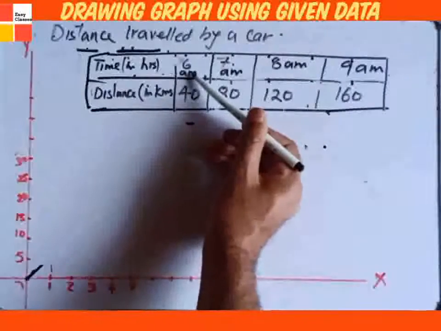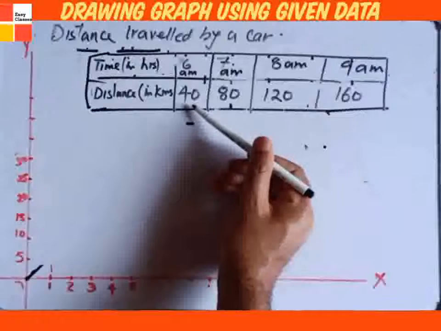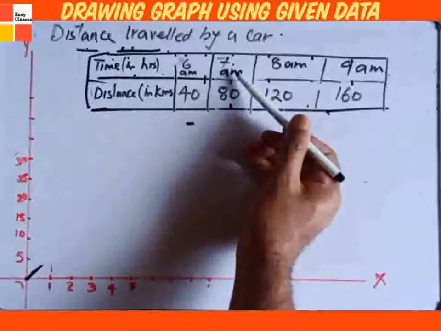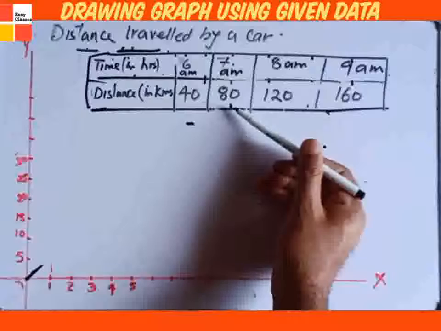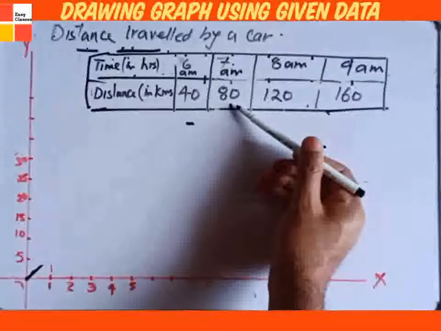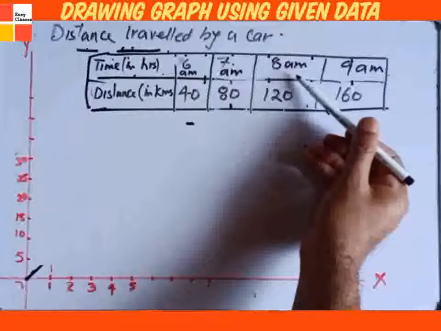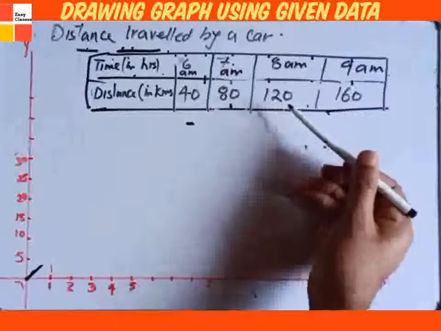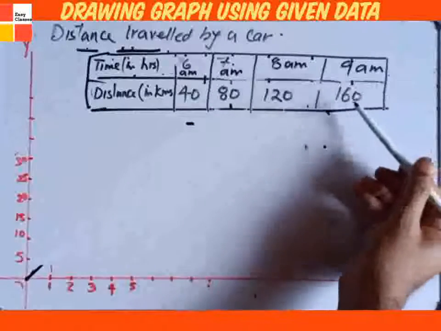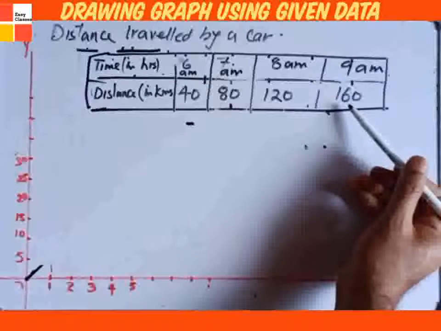At 6 a.m. the distance covered by this car was 40 kilometers. At 7 a.m. it covered a distance of 80 kilometers, at 8 a.m. the car covered 120 kilometers, and at 9 a.m. it covered 160 kilometers.